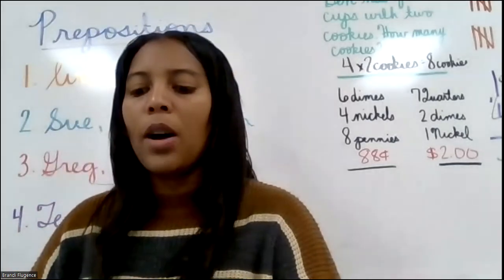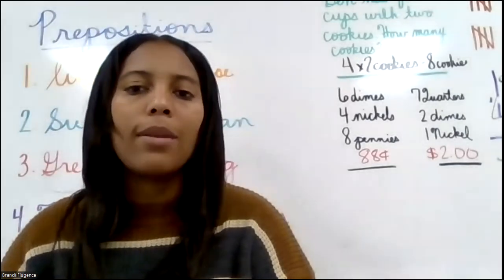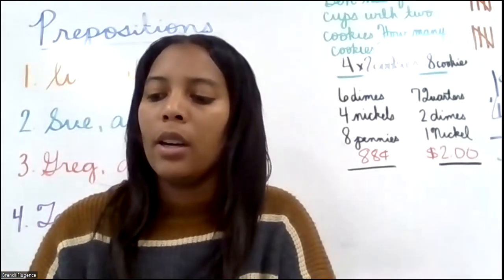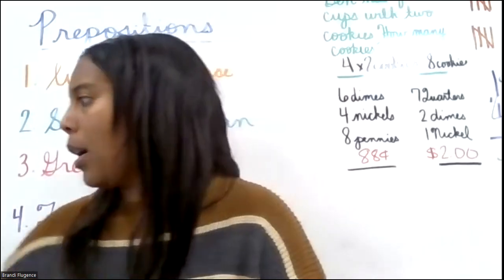Number two, describe one thing a cowboy wore and why it was important. So you can write that on your own. So go back to 123. Look at one of the things that he wore, and write why it was important.